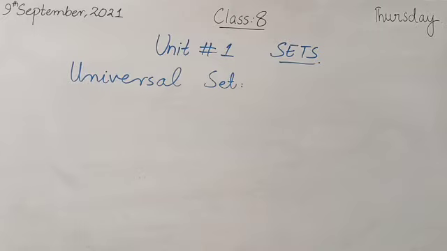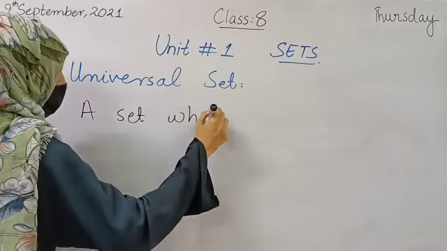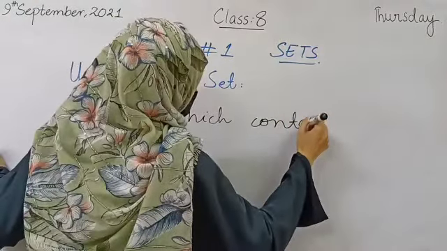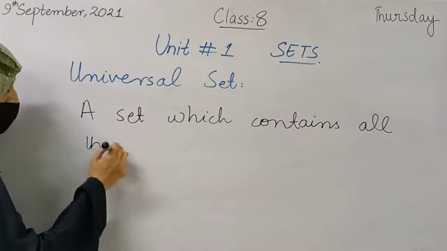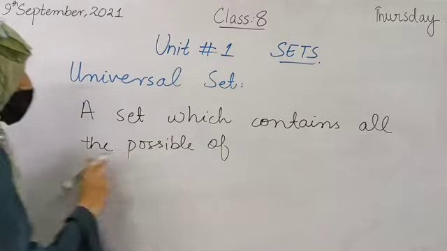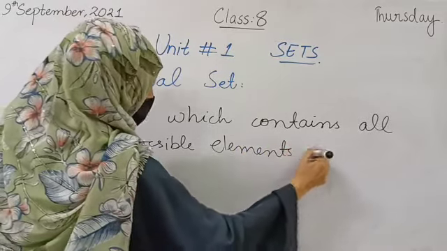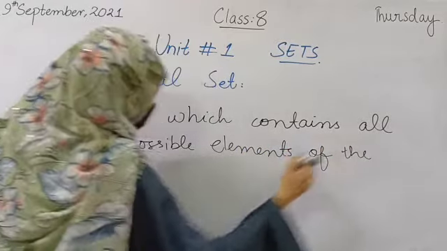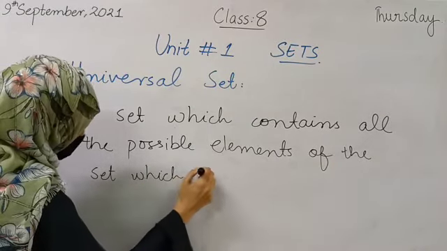What is a universal set? A set which contains all the possible elements of the set which is under consideration.